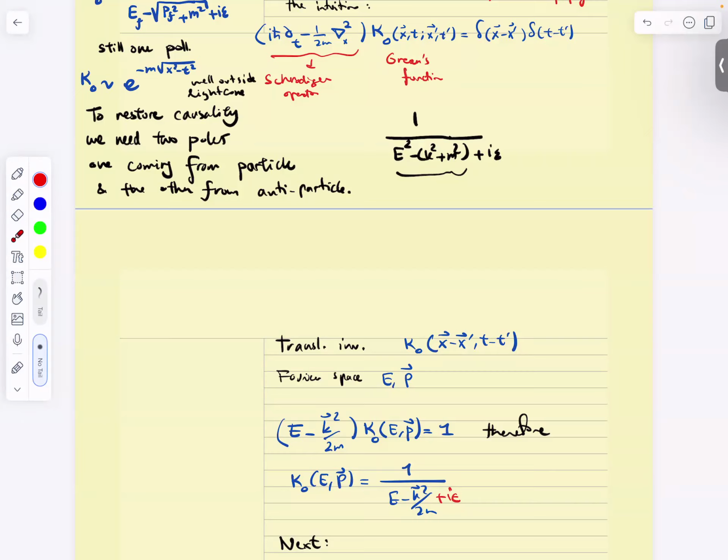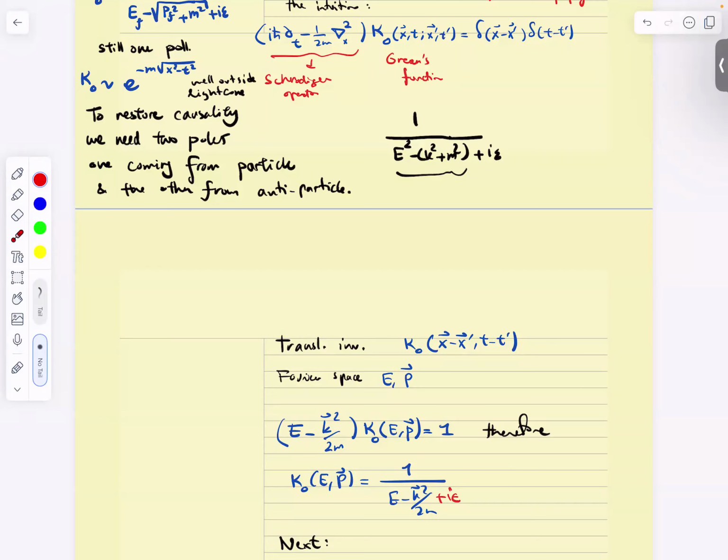So there was another prescription that would correspond to retarded, advanced, right? But what happens if you go above or below both? That's a commutator. This is time ordered. This is fine, time ordered.